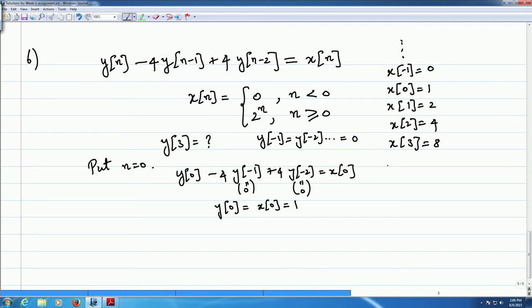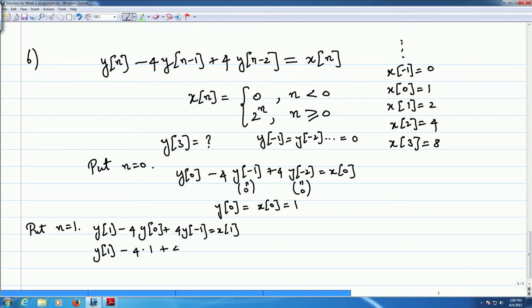Now you put n equals 1, and you get y of 1 minus 4 y of 0 plus 4 y of minus 1 equals x of 1. So, you get y of 1 minus 4 times 1 plus 4 times 0 equals x of 1, which is 2. Now you solve this out, you get y of 1 equals 6.